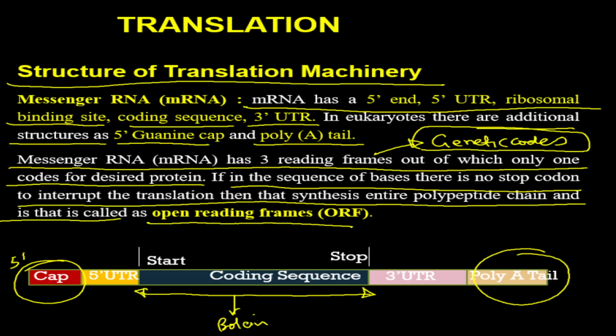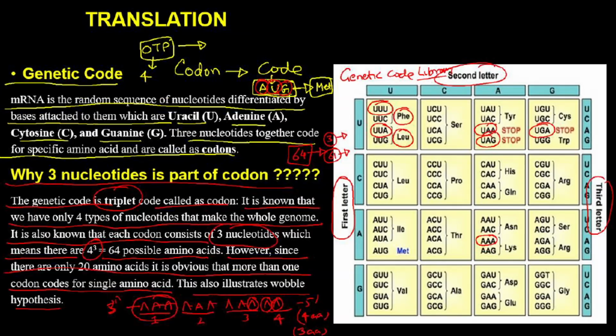Every mRNA has three reading frames through which it can be read to form protein, but only one makes the desired protein. If in the sequence of bases there is no stop codon to interrupt the translation, then the entire polypeptide chain is synthesized, and that is called an open reading frame.